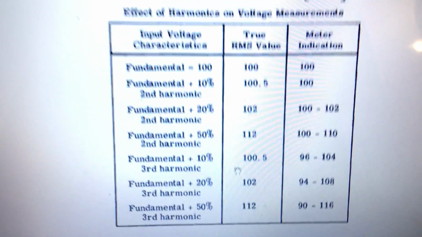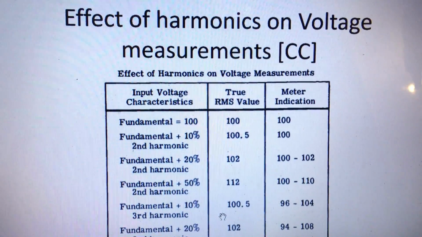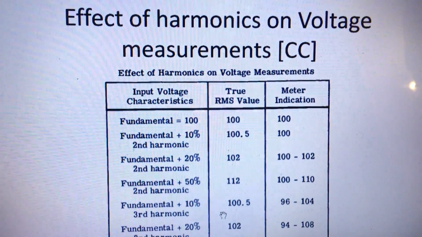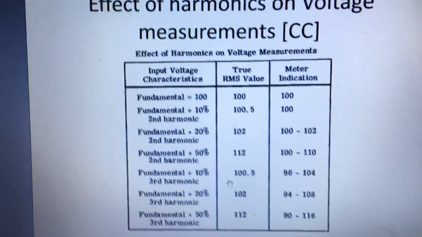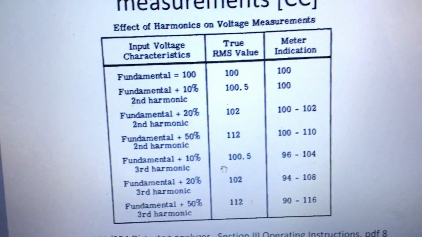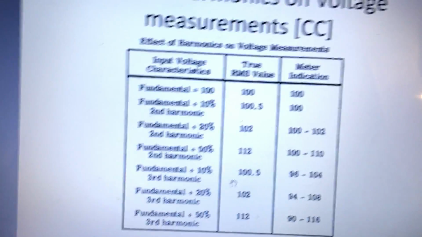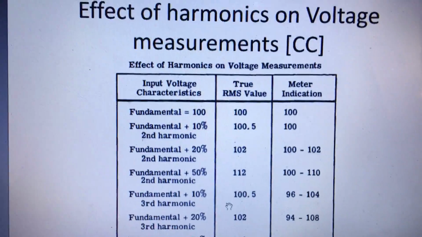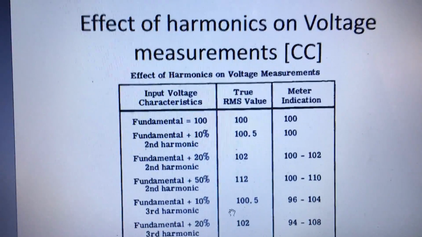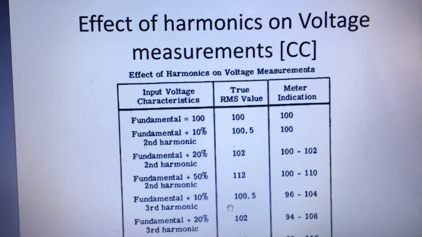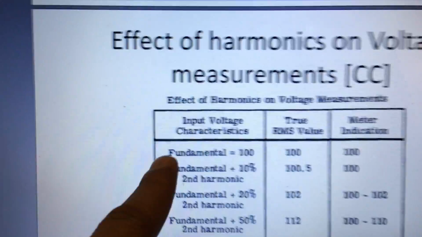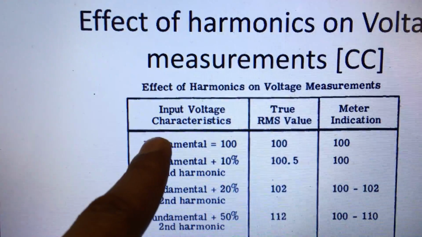After this, let us look at the effect of harmonics on voltage measurements. This is an old reference, but still it shows that there is an important effect of harmonics present in the signal on voltage measurements. If you look at the first column, it shows the input voltage characteristics.